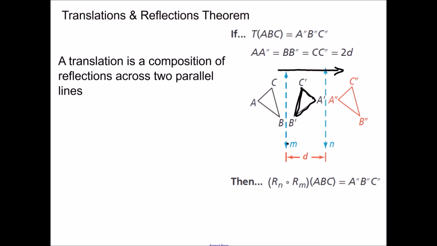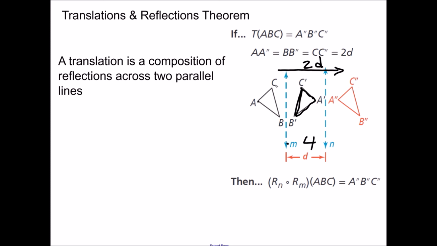And basically what the theorem states is that the distance that it moves over is actually 2d, where d is the distance between the parallel lines. So if the distance between the two parallel lines were 4, for instance, then the distance between the original image, the pre-image, and the final image is going to be 2 times 4, which is 8.